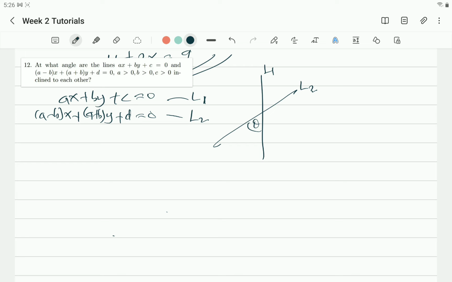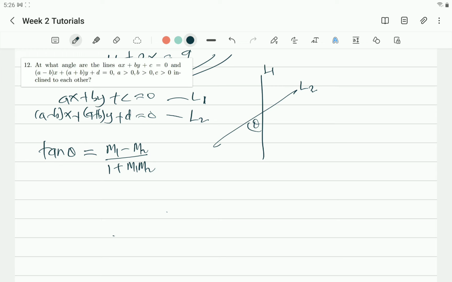So first of all, let's remember that to find the angle theta between these two lines, we need the formula that tangent of that angle is going to be the difference between the gradients, so the gradient m1 minus m2 divided by 1 plus the product of those two gradients, right? So this is the formula we need, but we would have to solve the gradients m1 and m2, and fortunately we can get them from the equations.